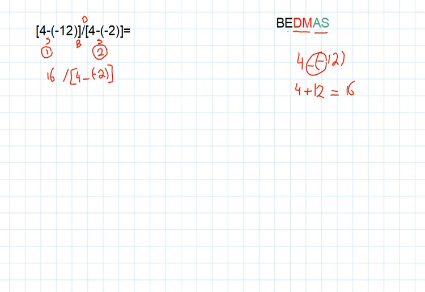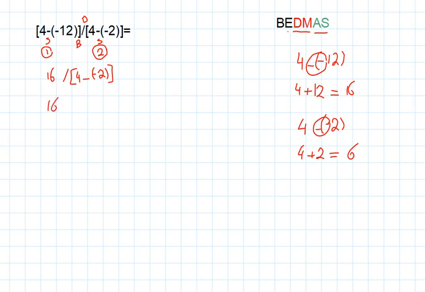So next we work with the second operation, and that would be 4 minus negative 2. Again, on the side or on the calculator, negative minus a negative is the same as 4 plus positive 2, or 6. So we replace that second bracket with 6.